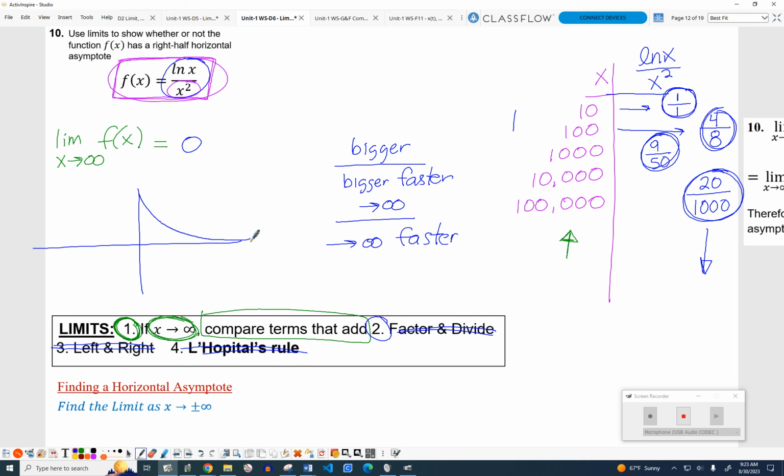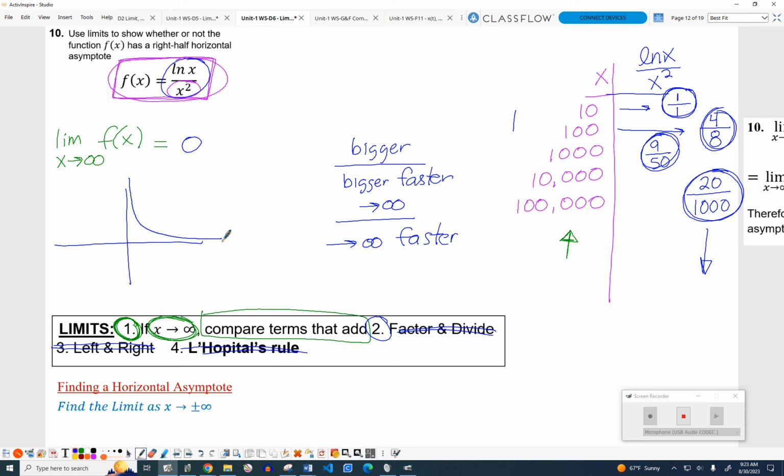You can't ever plug in 0 because dividing by 0 would be undefined. So we'll have a vertical asymptote. This was not quite right. So it'd be more like this. I think. I'd have to plot it to be sure.